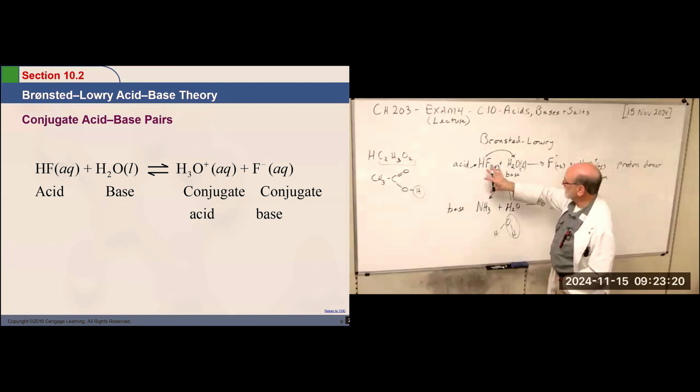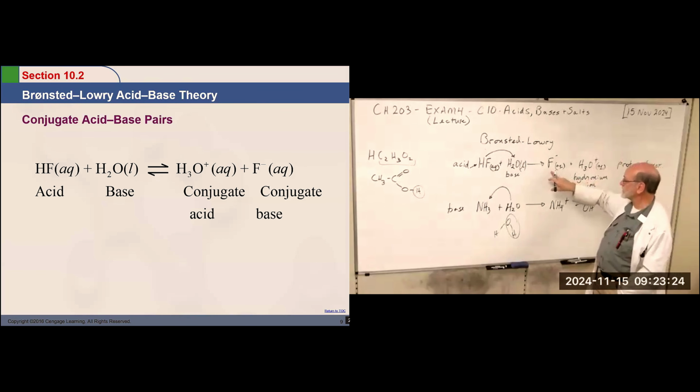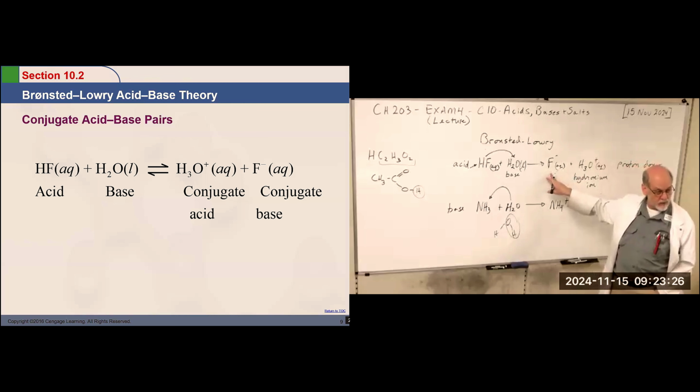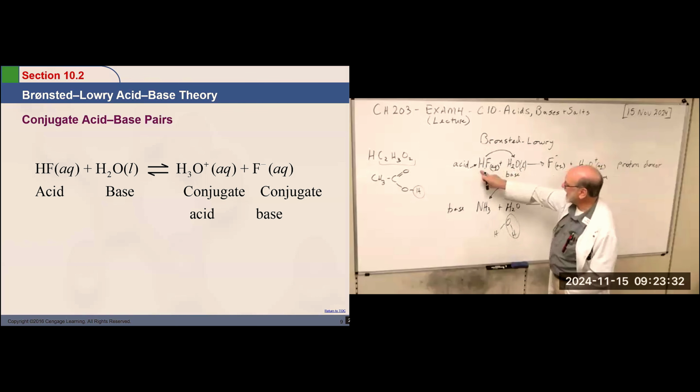When we produce the product side, now this is capable of accepting a proton. So it's a base, but it's the conjugate base of that acid.